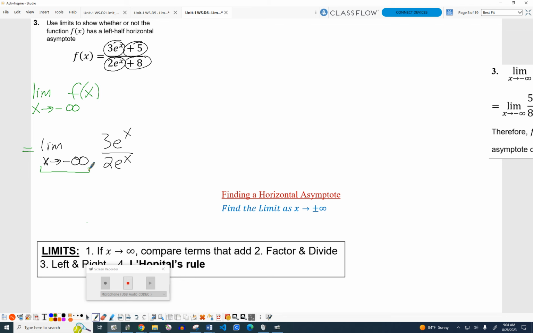So anyway, if x were approaching positive infinity, this would grow very rapidly and it would become much larger than the positive 5. So it would be the dominant term. Because they switched it on you and have x approaching negative infinity, the reverse happens. This becomes very, very close to 0. So this gets really close to 0, plus 5 gets really close to 5.